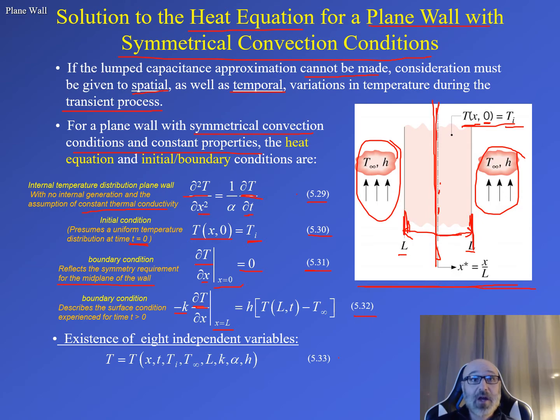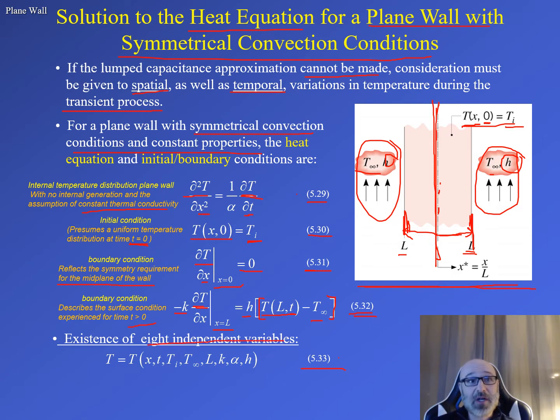This is equal to h, the same on both sides for convection, times the temperature difference between our temperature at L comma t, so when x is equal to L and our time is some t greater than 0, minus the temperature of our surroundings, T infinity. This is our equation 5.32.